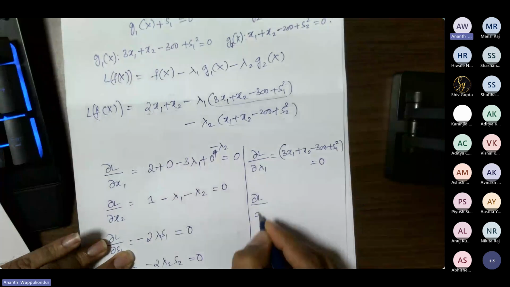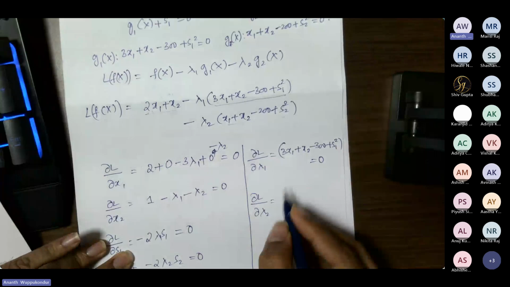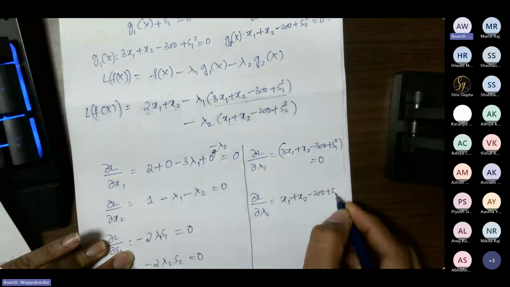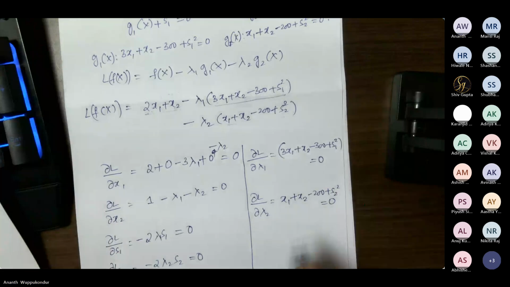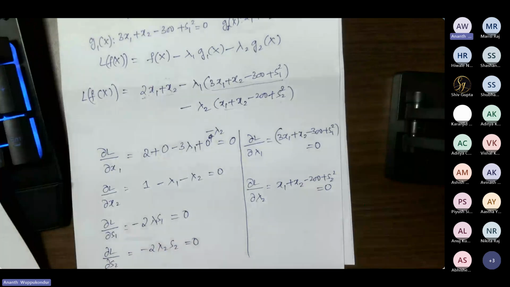And then if I differentiate it with respect to lambda 2, all other terms would become 0. So we get x1 plus x2 minus 200 plus s2 square equals to 0. So this is what you would get when you differentiate the function L with respect to all the variables. So here we are taking the partial derivatives with respect to all the variables.